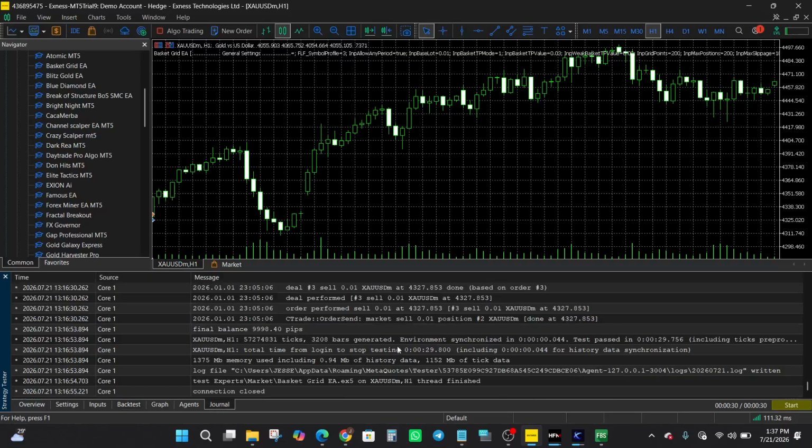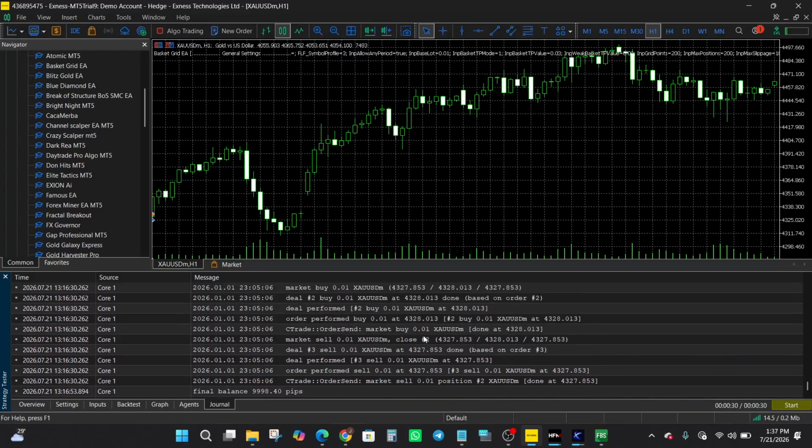All right, it may come down to the default profile not aligning with this particular broker's symbol conditions or settings that need adjusting for this account type, but that is speculation on my own part. It's not something confirmed by the data.